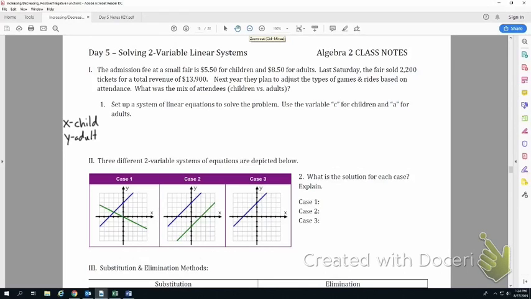So what would that equation look like? 13,900 equals 5.50 C plus 8.50 A. Okay. So instead of 550, I'm just going to put 5.5 and 8.5. It's the same thing.